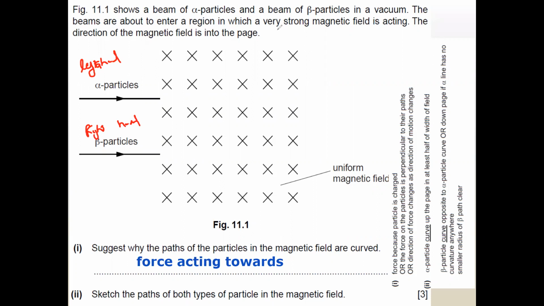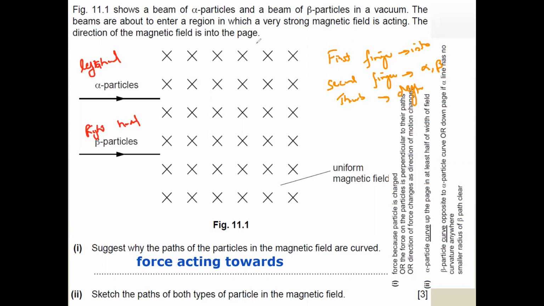The index finger, the first finger, should point into, the second finger will point in the direction of the particle, and the thumb will show the deflection or the force. If left hand alpha, right hand beta.